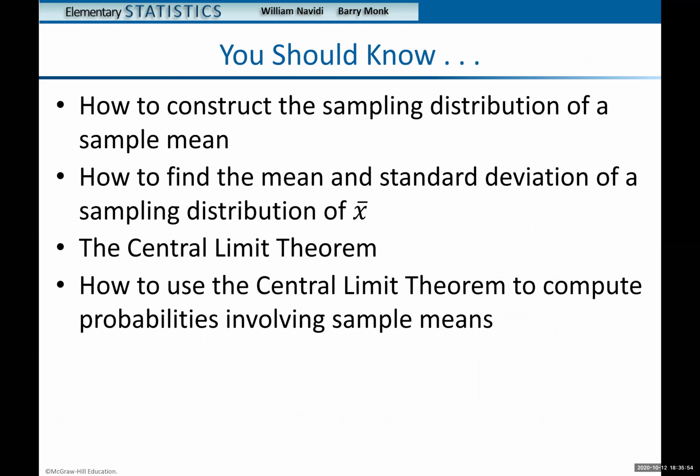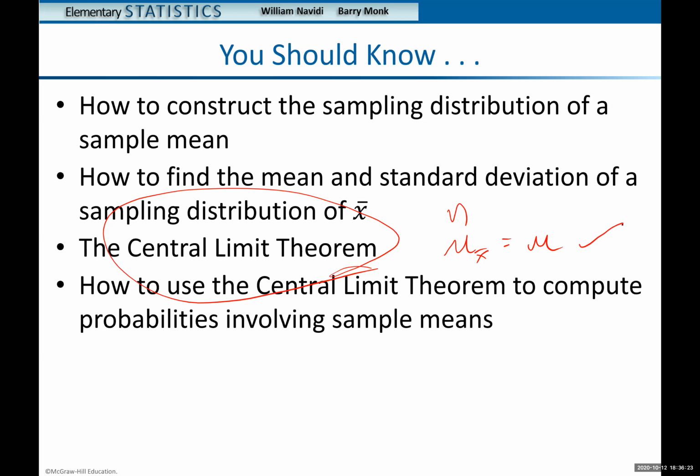All right, so actually that's 7.3. You learn how to construct the sampling distribution of the sample mean, and the whole section is about the central limit theorem. To use it, make sure that you know how to get your n, and your mean is still the same as the given population mean.